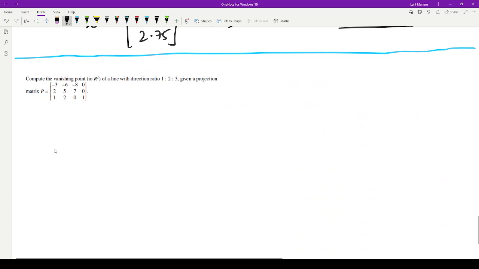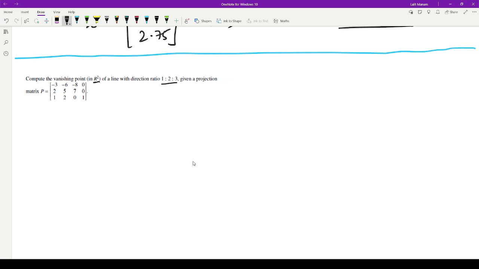The next question: we need to compute the vanishing point in the image plane R2 of a line with direction ratios 1, 2, 3 in the given projection matrix. So you are given three direction ratios. What does it mean? Line is lying in which space? P3.